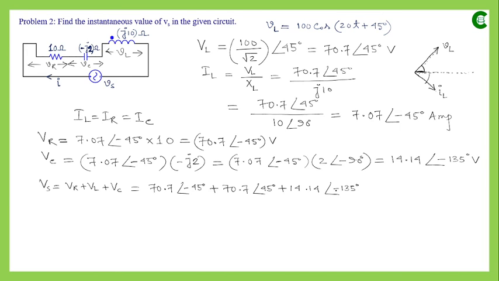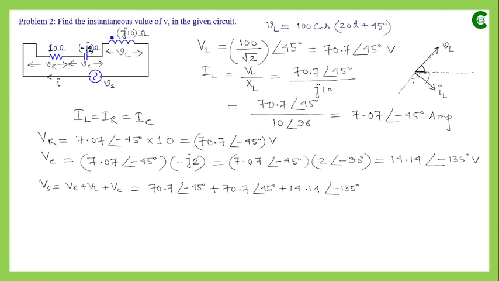And it has to be minus 135 degrees because the net current in that series circuit is lagging the reference by 45 degrees, and in the case of a pure capacitor, the voltage drop across the capacitor lags the current that flows through the capacitor by 90 degrees.